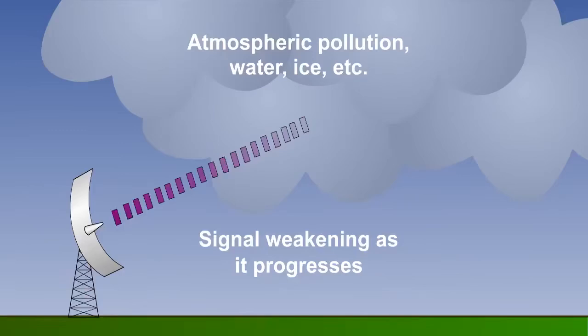You will recall that the wavelength of radio waves in the 3 to 300 GHz bands ranges from 10 centimeters down to a millimeter. Water droplets have similar sizes, and that is why they reflect and scatter radio waves.